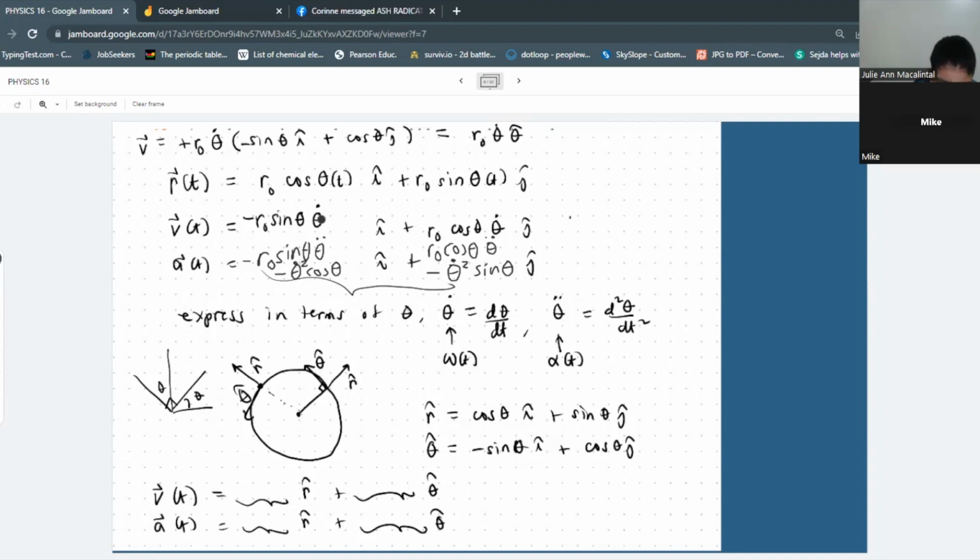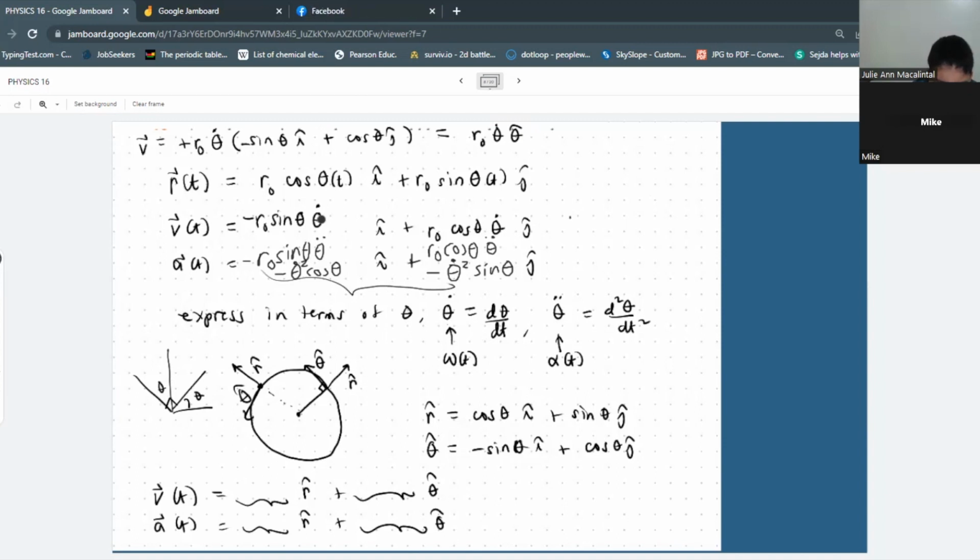Okay, so this is r sin theta. Cosine theta i hat. So this is negative. Let me put it in. Cosine theta i hat, sin theta j hat.